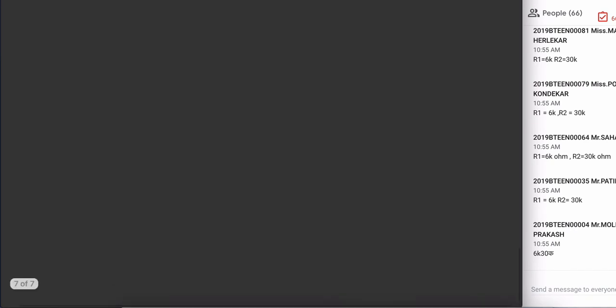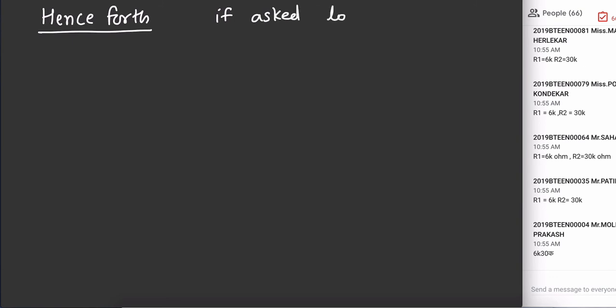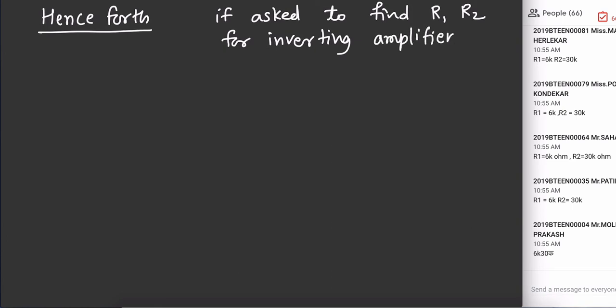So henceforth, I repeat, henceforth, if you are asked to find R1, R2 for an inverting amplifier, what data will you ask for? Suppose you are giving an interview, and the interviewer says draw an inverting amplifier.